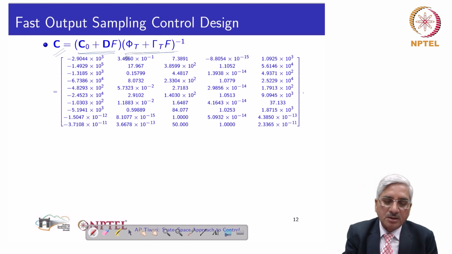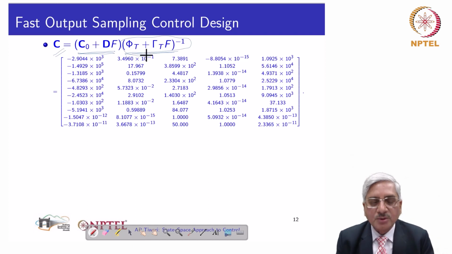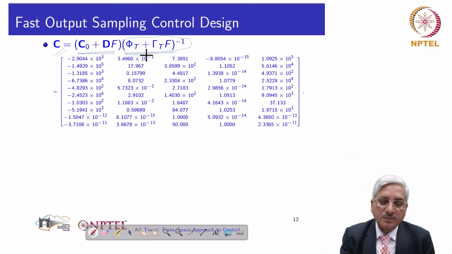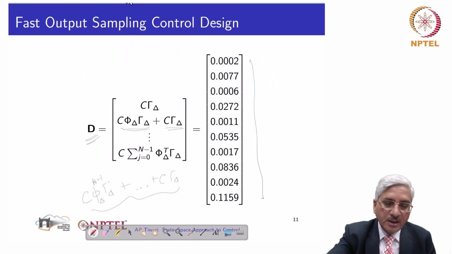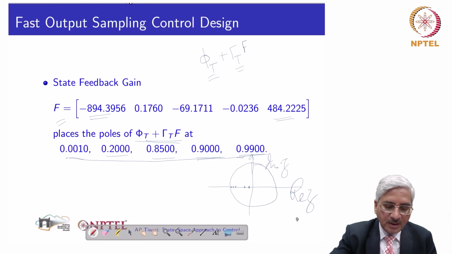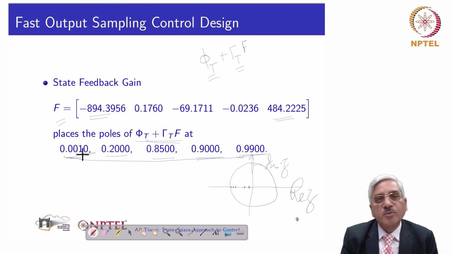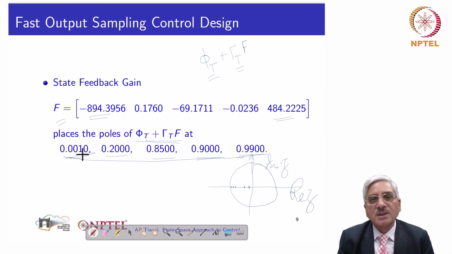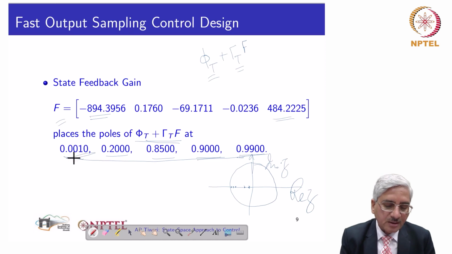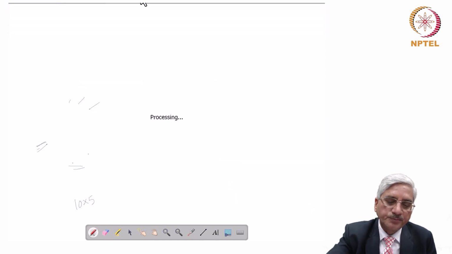This closed loop system with the state feedback should not have any pole, any eigenvalue, at the origin, otherwise this inverse will not be possible. We have obtained F. The smallest eigenvalue is 0.001. It may give some numerical ill conditioning, but the matrix will be invertible.